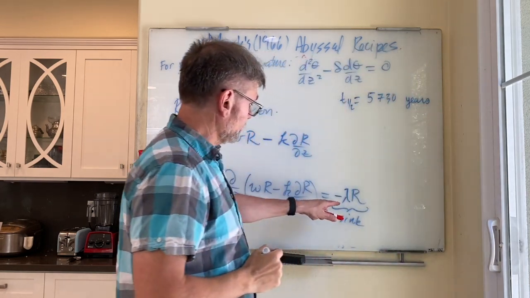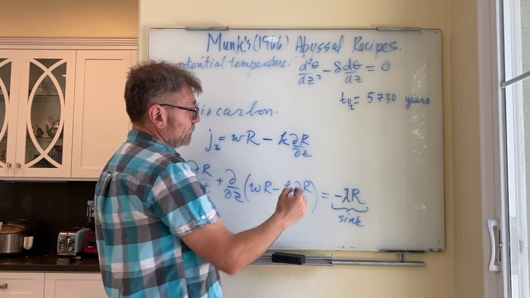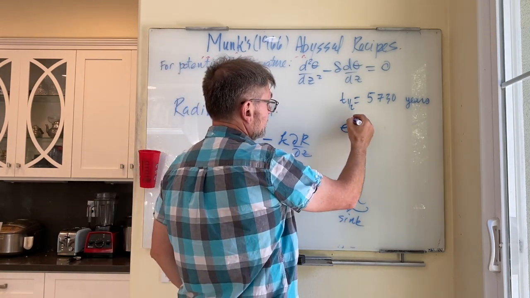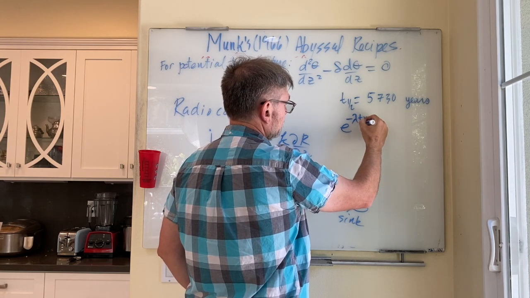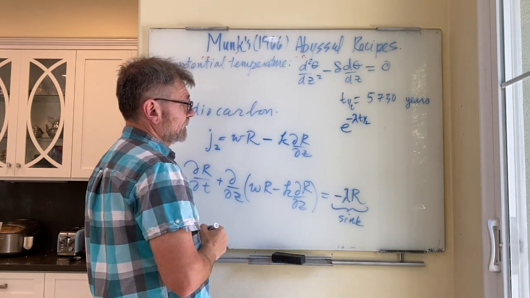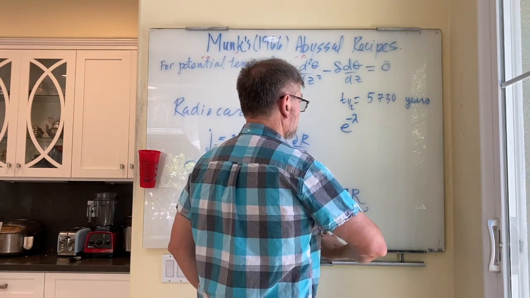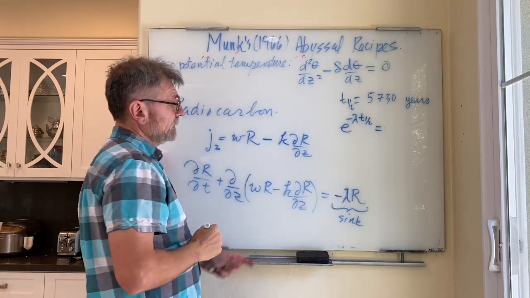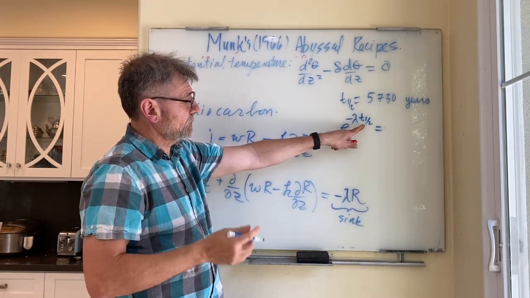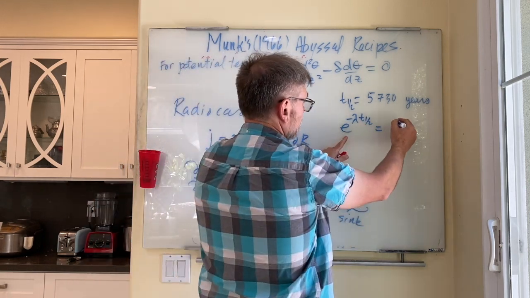So in terms of lambda, lambda is the decay rate, so we know that e to the minus lambda t to the 1/2, that's the amount of time it takes to have half the radiocarbon atoms decay.